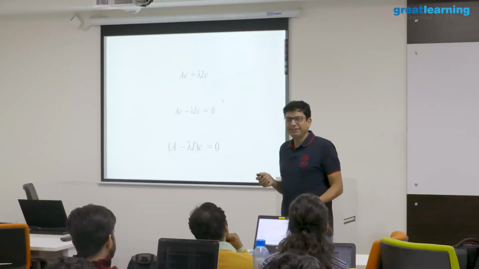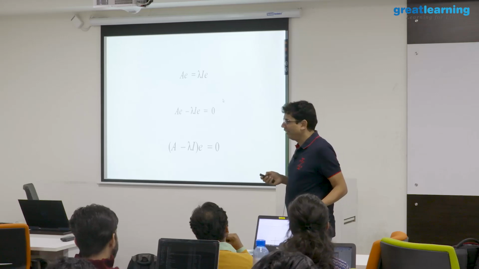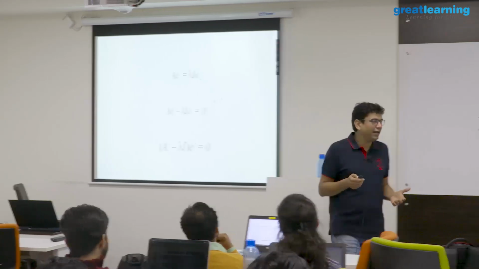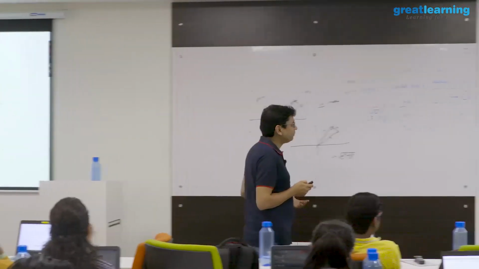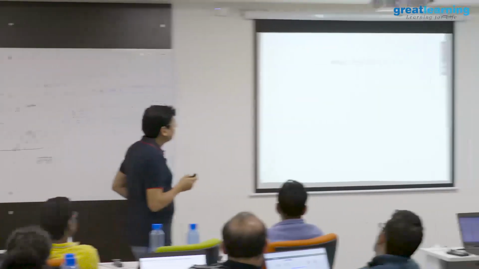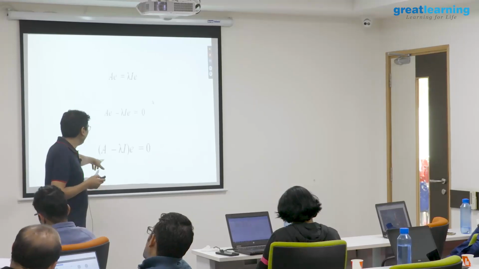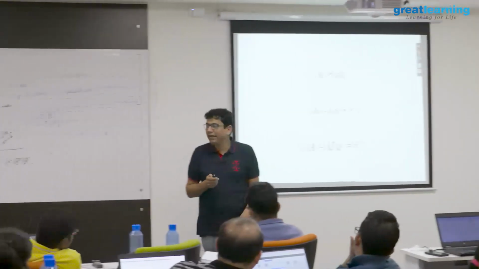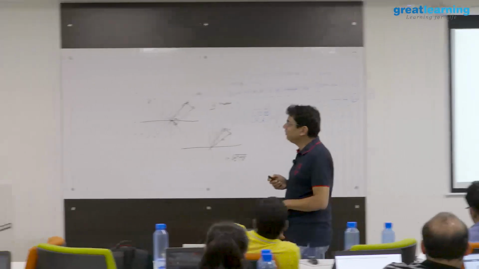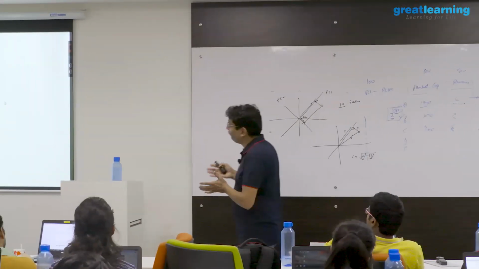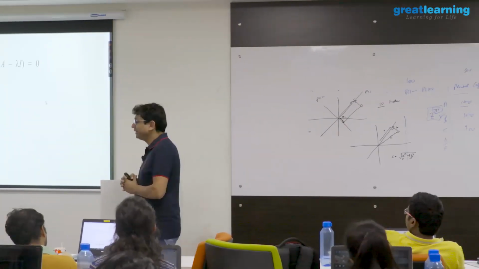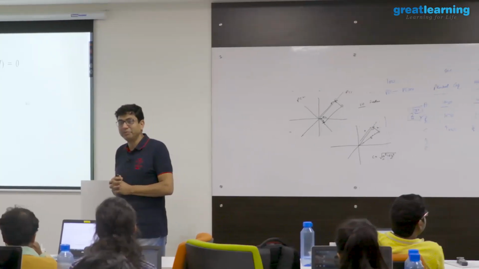If the eigenvector is 0, what is the point of doing this? So to make this part, A minus lambda I, 0, we check whether the determinant of A minus lambda I is equal to 0 or not. Now what is this determinant value?